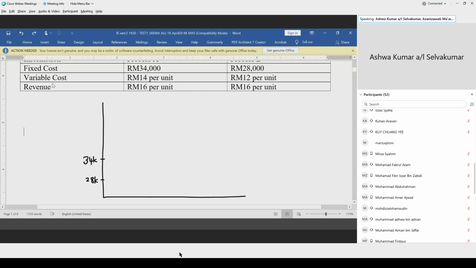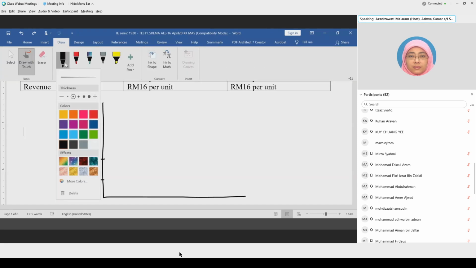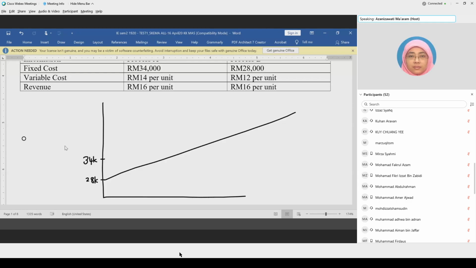If you get a lesser variable cost, the slope will be a bit lower. For example, in this case, the 12 is gentler. For the other one, it will be higher.